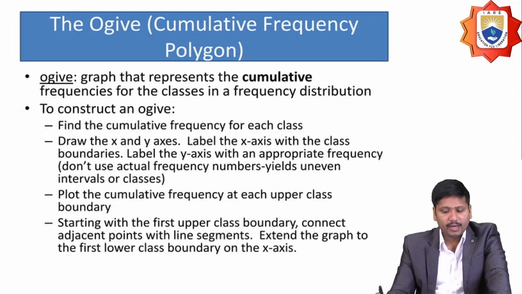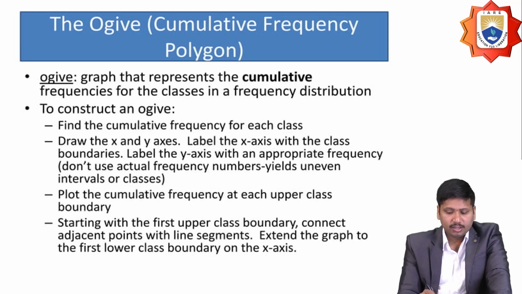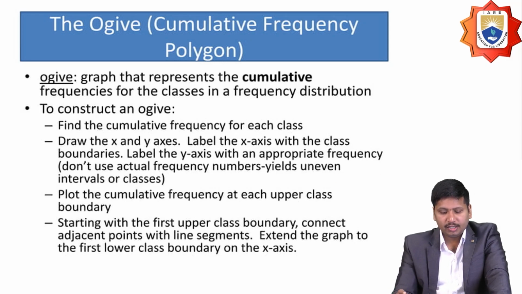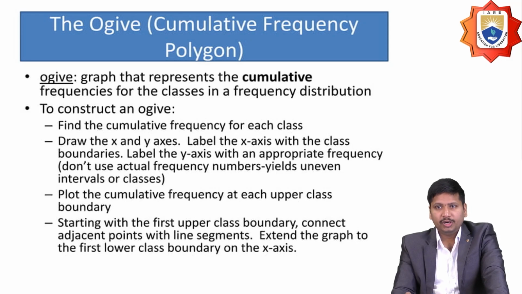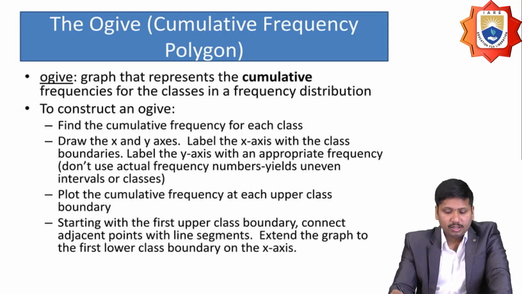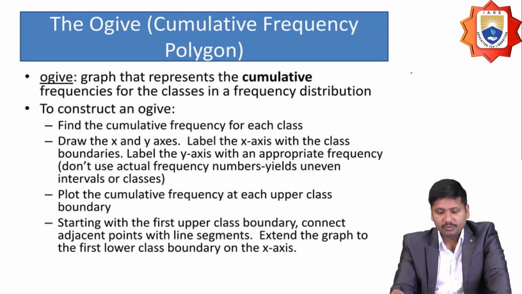Label the y-axis with the appropriate frequency as well. Plot the cumulative frequency at each upper class boundary, starting with the first upper class boundary, connect the adjacent points with line segments, and extend the graph to the first lower class boundary on the x-axis. This is another kind of graph, normally called a cumulative frequency polygon.